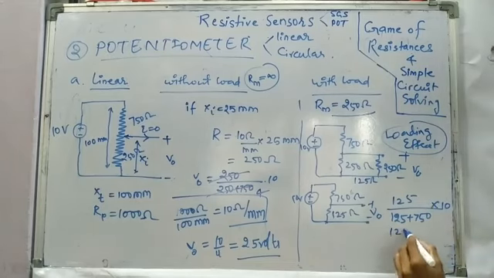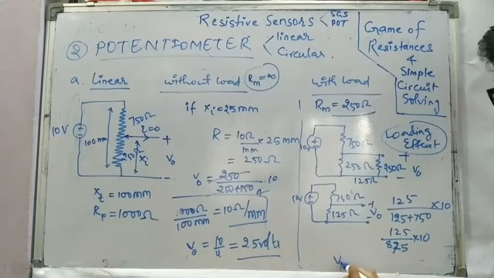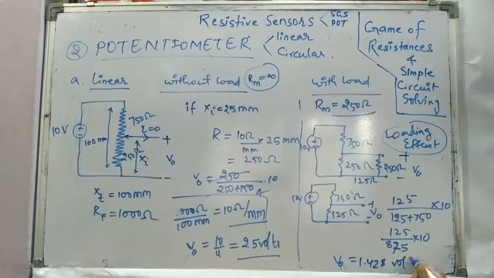So 125 divided by 875, into 10. If we simplify it, it will come out as 1.428 volts.